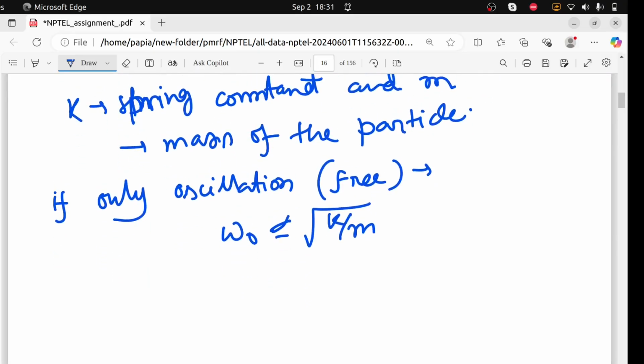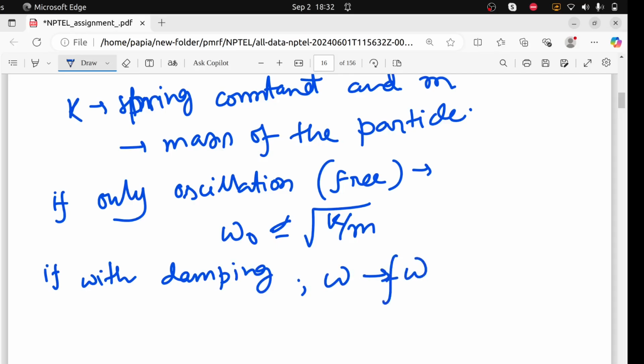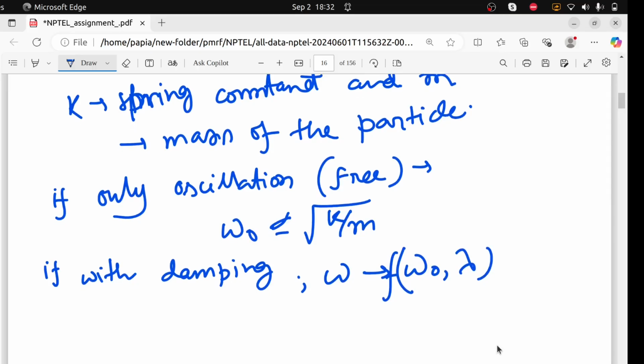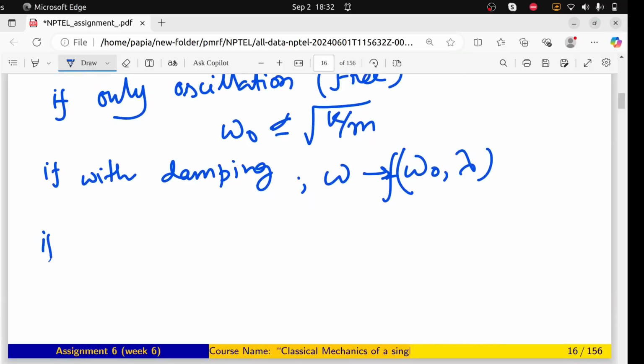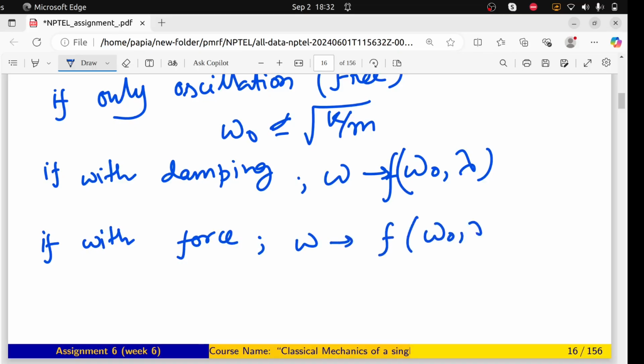If with damping, then omega is a function of omega 0 and lambda, which we have already seen. Now if with force, then omega is a function of omega 0 and gamma, which is the frequency of the forced oscillation.